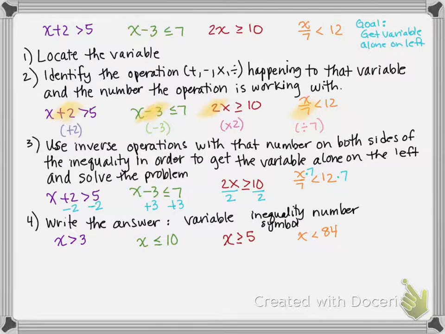Now, we're not done because these are inequalities. So the last step, in order for somebody to see what my answers are, is we're going to graph the solution on the number line.